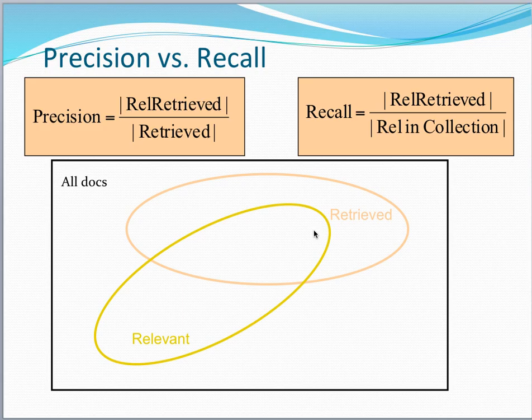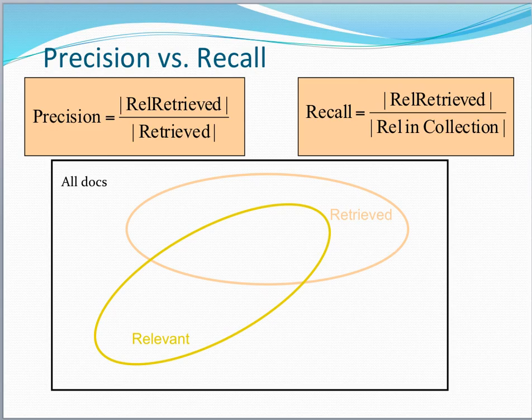Again, precision is relevant documents retrieved in comparison to all those retrieved. And recall is relevant documents retrieved in comparison to all the documents in the collection. Okay, so that is the difference.